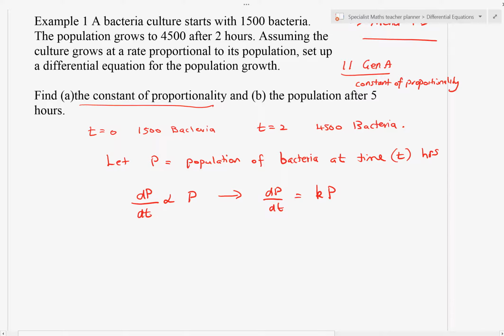Now, what type of differential equation have I got here? By the way, a lot of the time you have the good old type 3s. Because I've got dP/dt, and what have I got here? P. It doesn't make sense. So what do I do? Do the old flipperoo. Now, that means that dt/dP is equal to 1 over k, I'm going to put that out the front, times 1 over P. Following me so far?